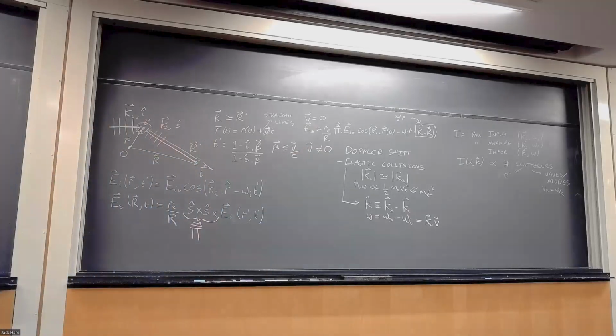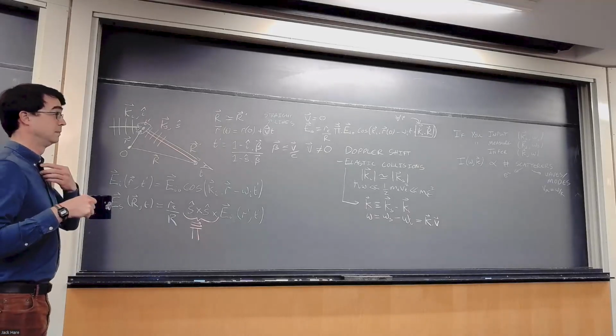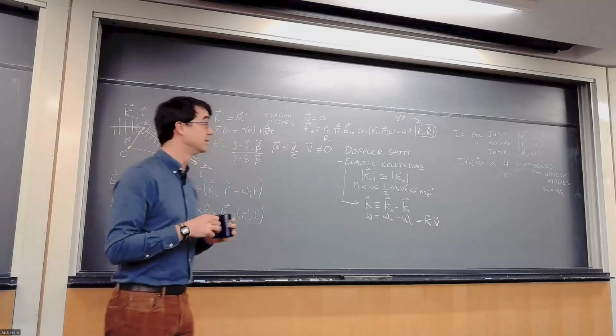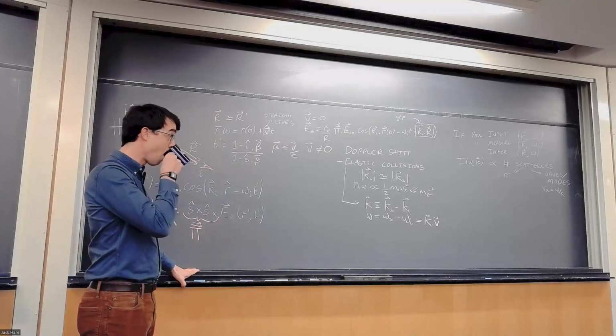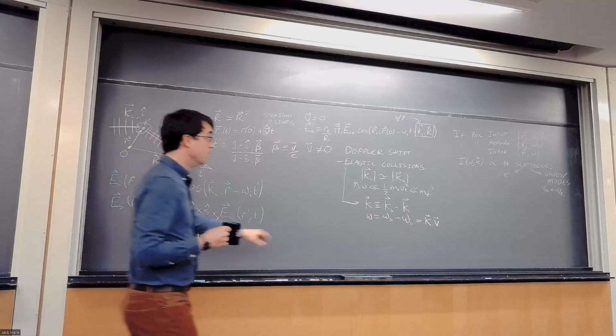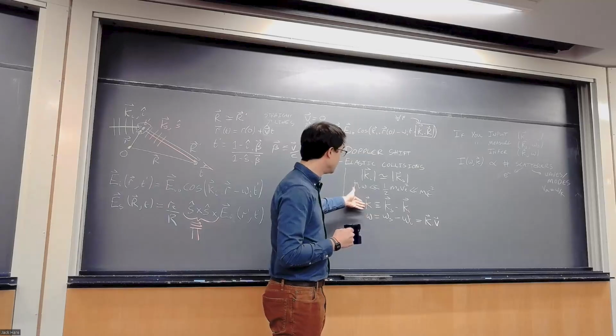So, questions? Yes. So there is no vector omega. Omega is a scalar quantity. That's okay. What I like to think of them as is the momentum.